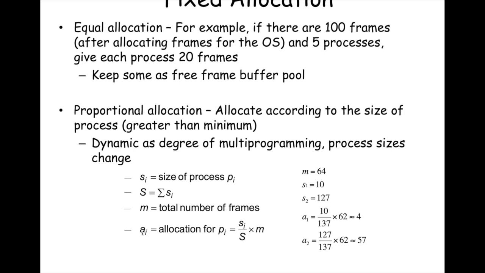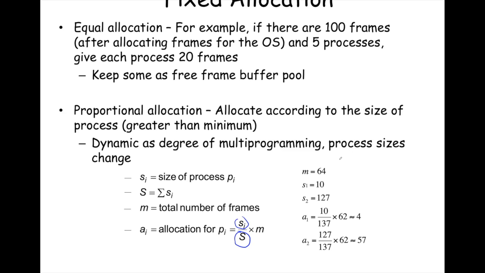And so the allocation a_i of frames to a particular process p_i, we take the proportion of the size of the process s_i divided by the total size among all the processes, and we multiply that proportion by M, the number of frames that are available.